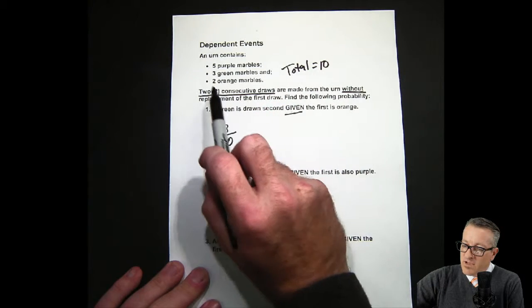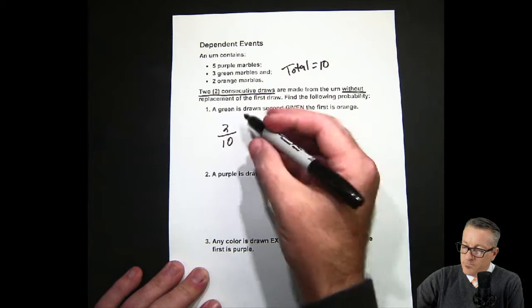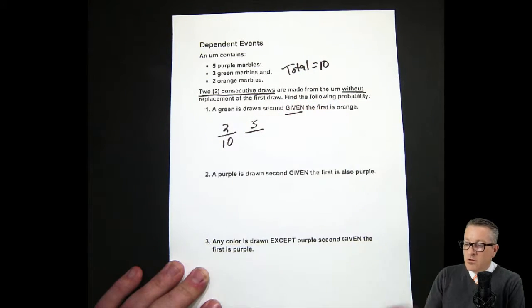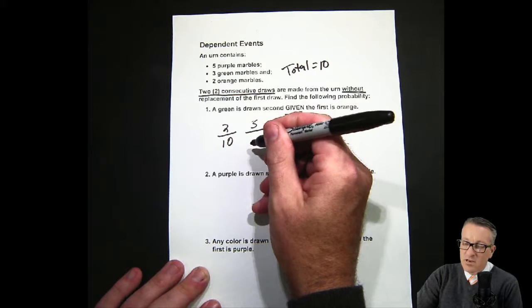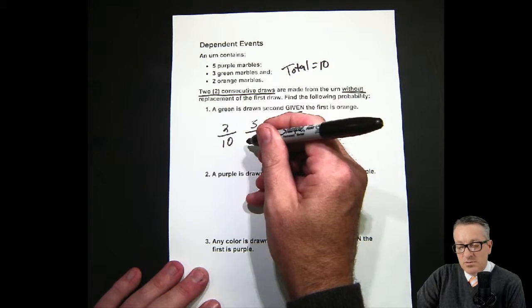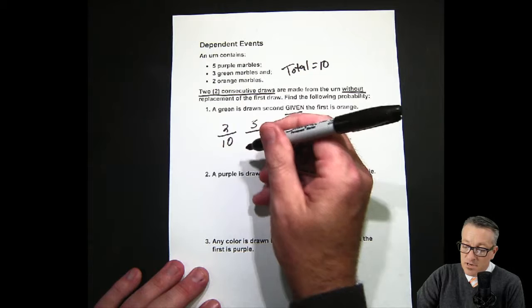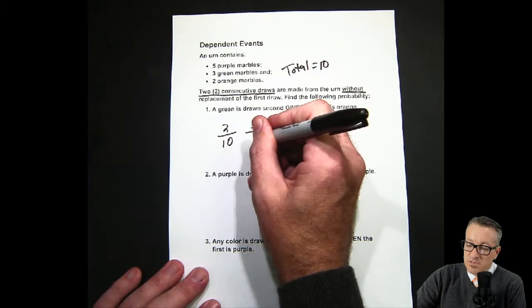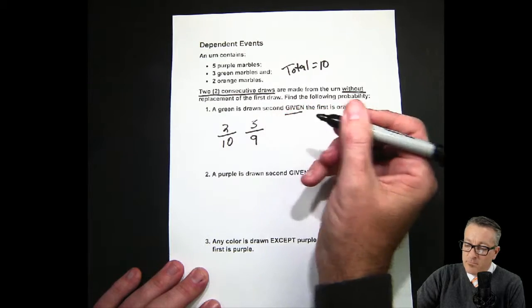So for green, we have 3 green marbles. We have 3. Now, instead of writing 10 right here, we have to write 9 because we already had our first draw. This is our second draw. So this is one of the ways that it affects our probability for the second draw. Write a 9 right there.